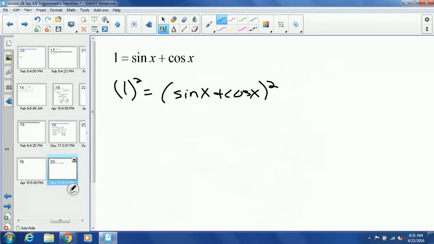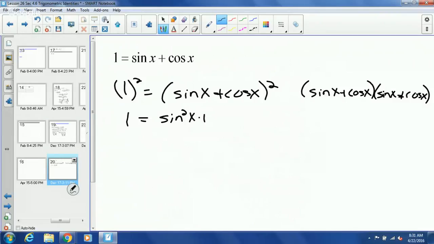So 1 squared, which is 1. So that's going to give me, if you need to, you don't have to do this, but it would always help me, sine squared of x, plus sine of x cosine of x, plus sine of x cosine of x, plus cosine squared of x.